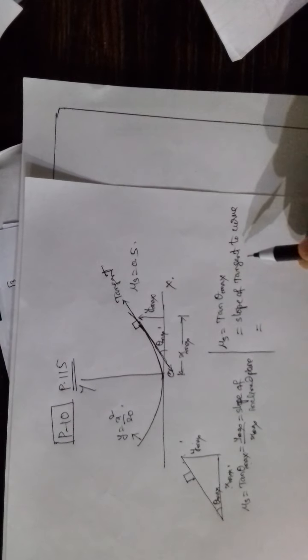Now mu s is equal to the same formula we are using here also, tan theta maximum. So here tan theta is nothing but slope of tangent to curve. So tangent to curve, slope.